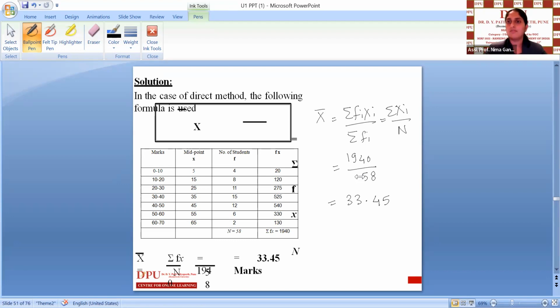For comparison, if you want the same answer in each calculation, you need some uniformity, right? That's why we use the midpoint as xi rather than taking any other value. So this is how we do it for the grouped frequency distribution.